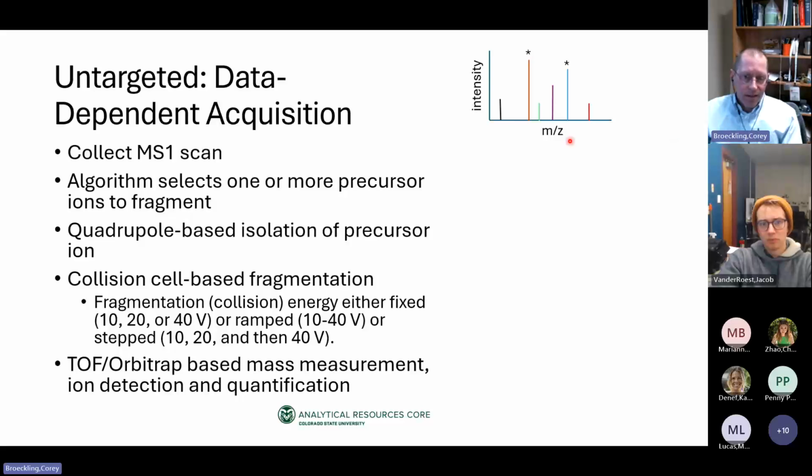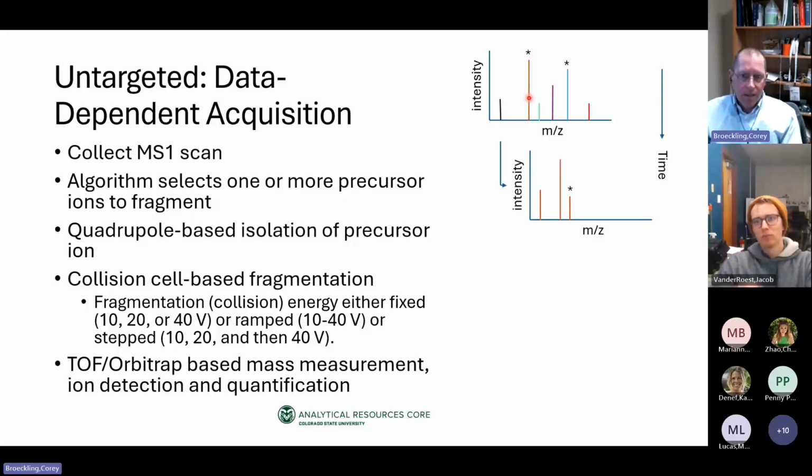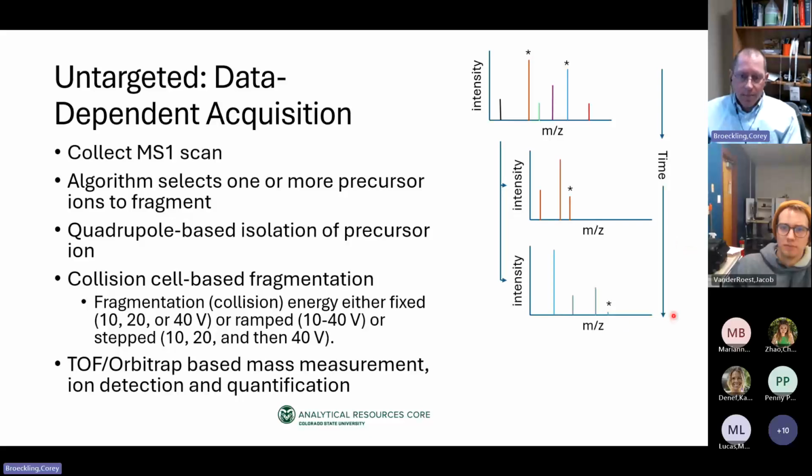That decision has occurred after this spectrum has been collected, and then immediately the instrument moves to acquire an MSMS spectrum on the data-dependent precursor chosen for this brown molecule. It collects an MSMS spectrum where we fragment it, and then immediately after that collects an MSMS spectrum on the blue one.